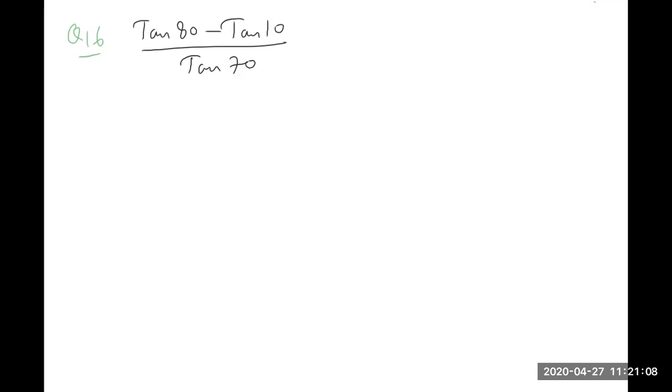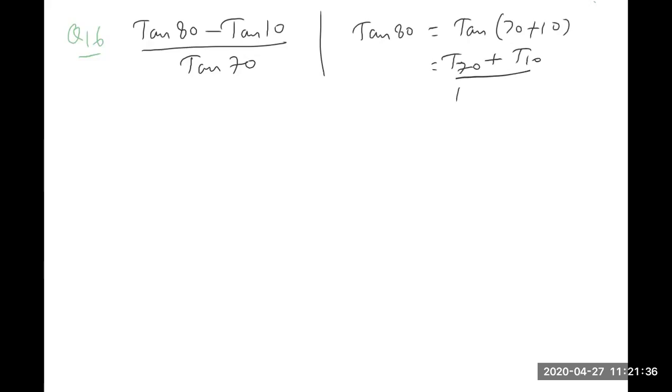Again, this question is of the form: use the concept tan 80 is equal to tan of 70 plus 10, which is tan A plus tan B upon 1 minus tan A tan B.